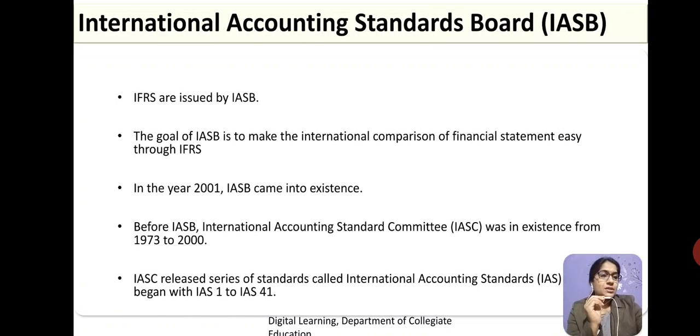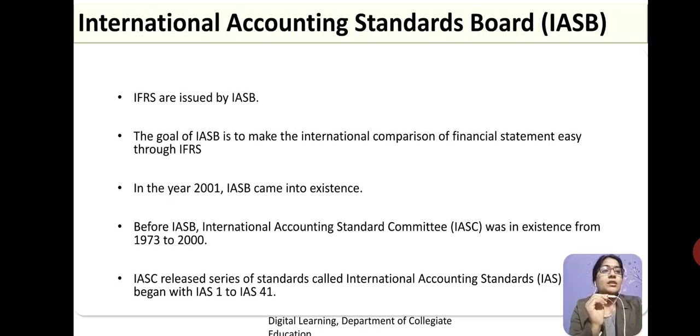So here comes IASB. So anyway, any accounting standard for that matter has to be given by an authority. Like accounting standards, what I was talking about, in India, we have Indian Accounting Standards, which is given by ICAI, which means Institute of Chartered Accountants of India.